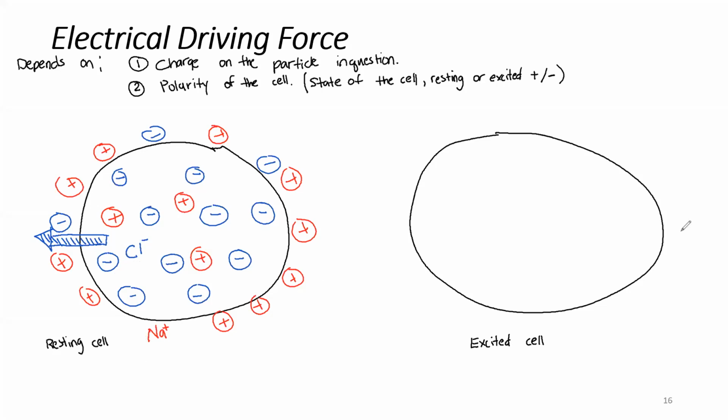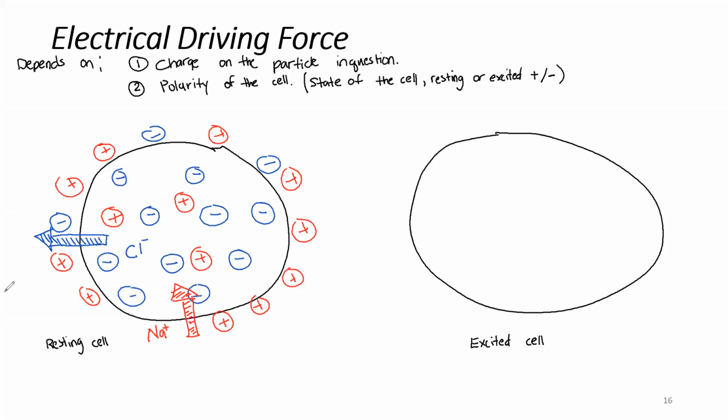Alternatively, the force acting on sodium would be trying to move it inside the cell, for the exact same reason, right? We have an abundance of negative charge inside the cell. Sodium is a positively charged ion. It's a cation. And so it's going to want to get to the negative environment inside the cell.